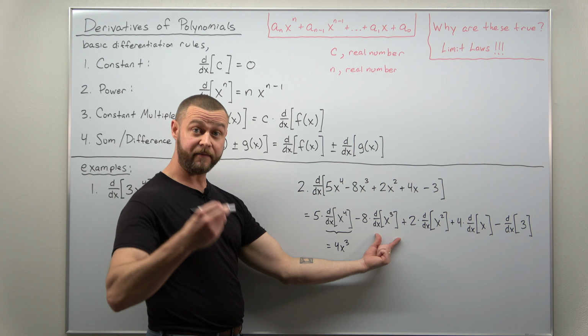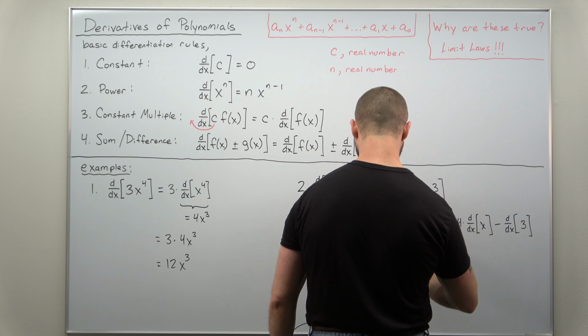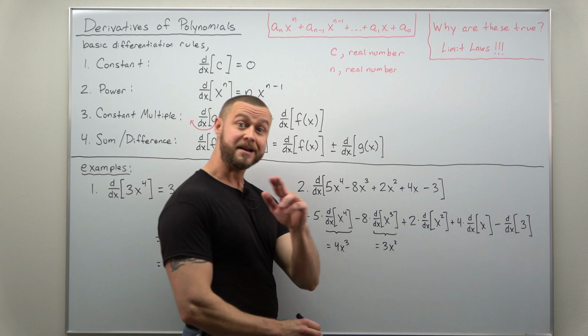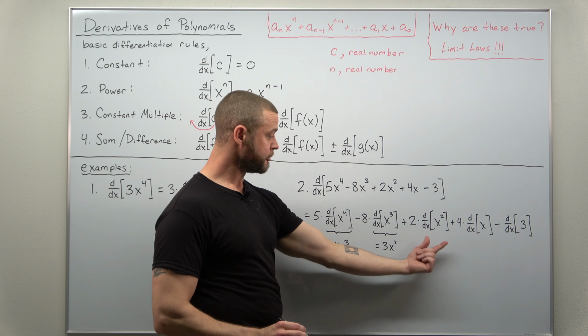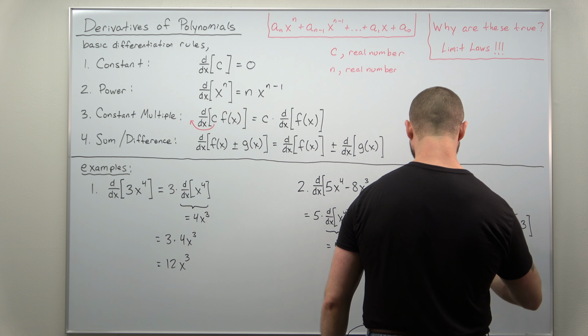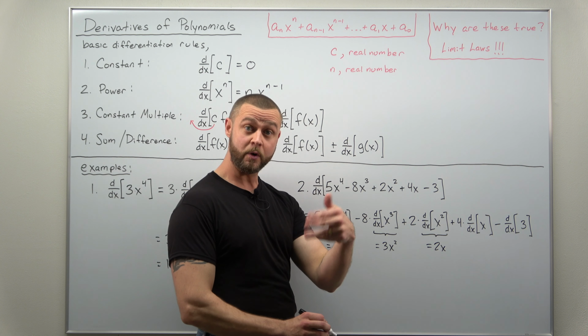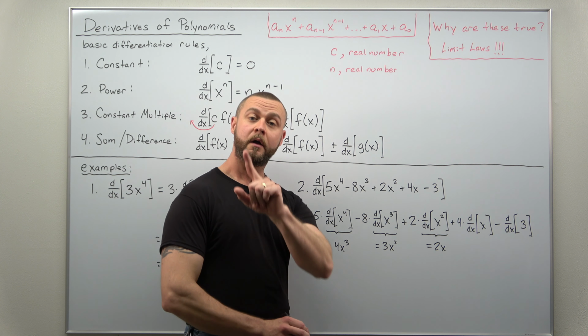All right, the derivative of x cubed, that'll be 3x squared, applying the power rule. All right, next simple calculation, the derivative of x squared. That's going to come out to 2x, or 2 times x to the 1.